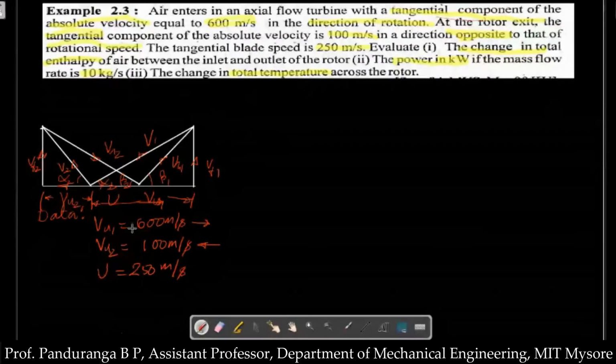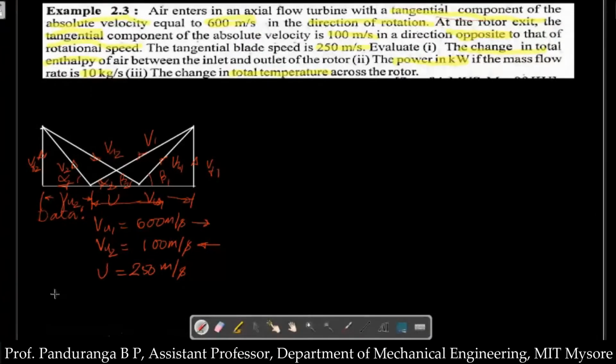Now we need to find the change in total enthalpy, delta H naught, which is nothing but E. Then we need to find the power developed if the mass flow rate, m dot, is 10 kg per second. And we need to find the total temperature change, delta T naught. So these are the things we have to calculate now.